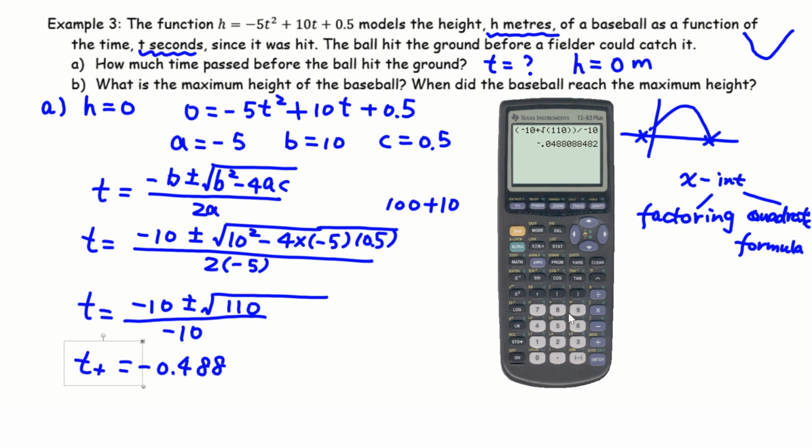Okay, so bracket, numerator in bracket, negative 10 minus square root 110. Then close the bracket again. That is for the numerator, then divide by the denominator, negative 10.